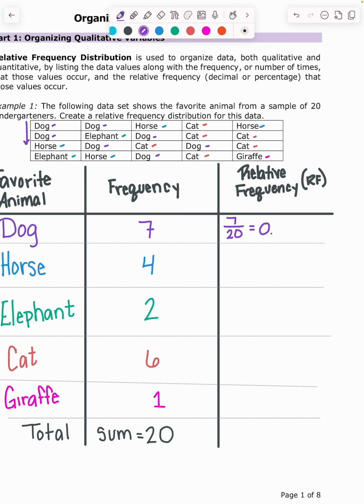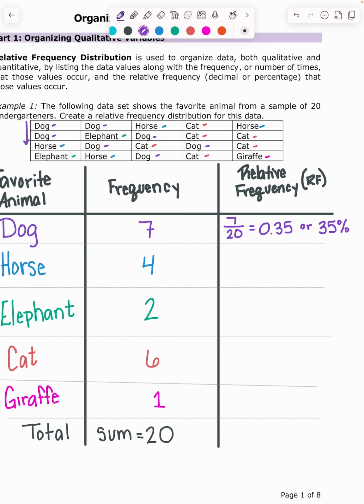So that's a relative frequency of 0.35 or 35%. And all I'm doing is taking the decimal and converting it into a percentage, which is done by either moving the decimal 2 places to the right or multiplying by 100.